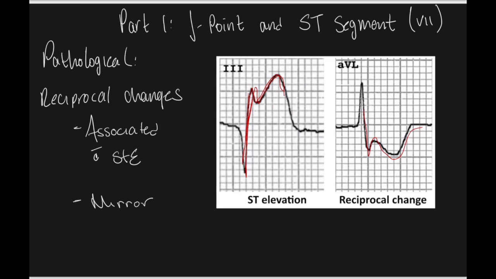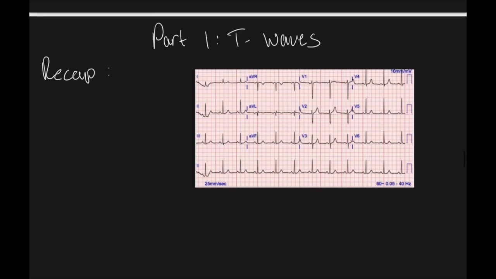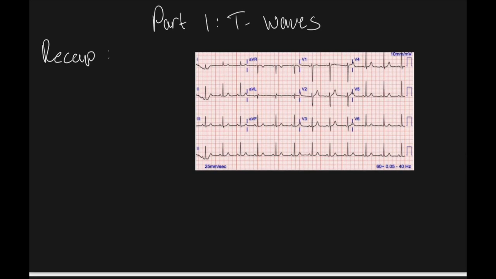Alright, and that about does it for the J point and the ST segment. We're moving on to the T waves. We know that the T waves are typically upright, except for in AVR, AVL, and V1.